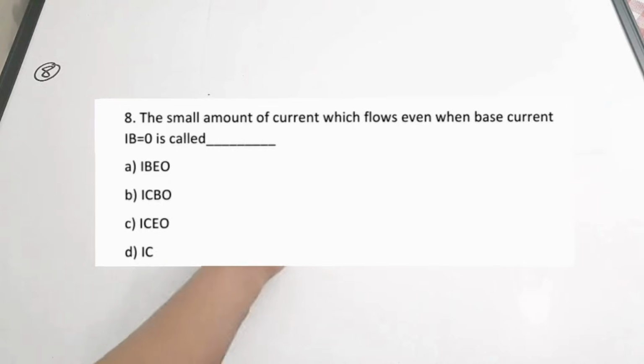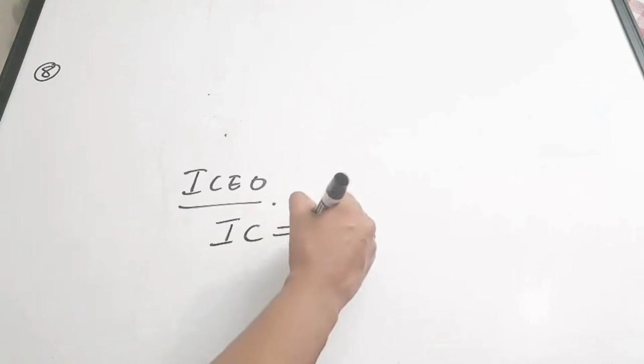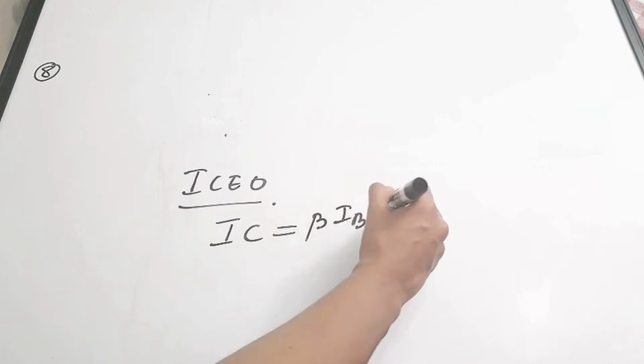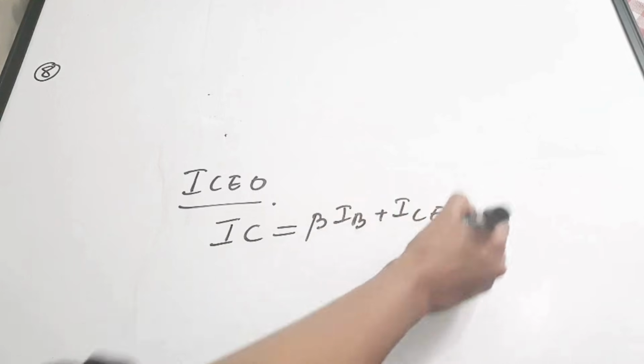So the correct answer is ICEO. It is the minor current, or the small amount of current, which is flowing even when the base current is equal to 0. You can write the total collector current as beta times IB plus ICEO. This is the relation.